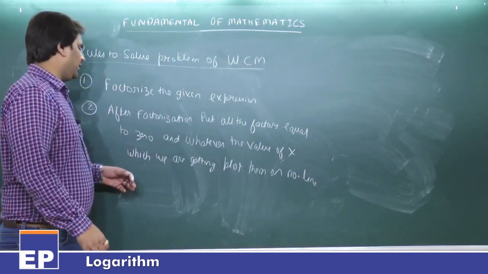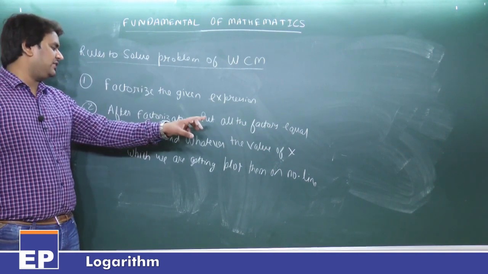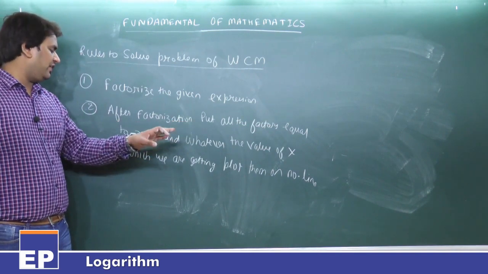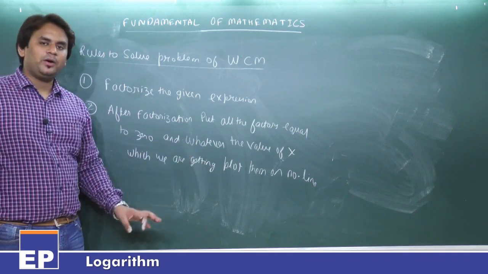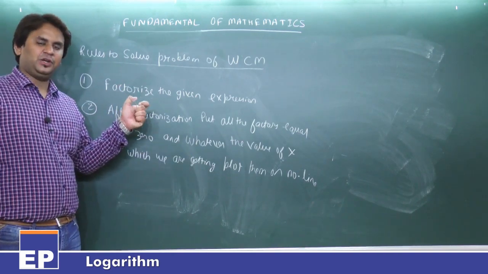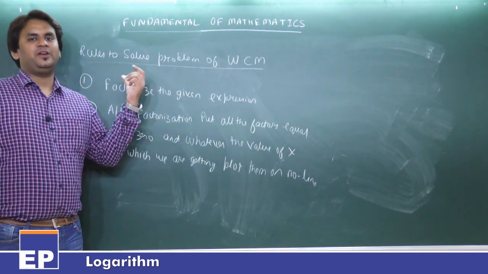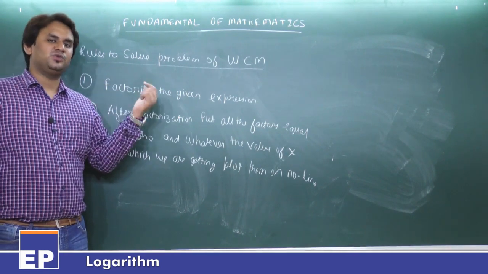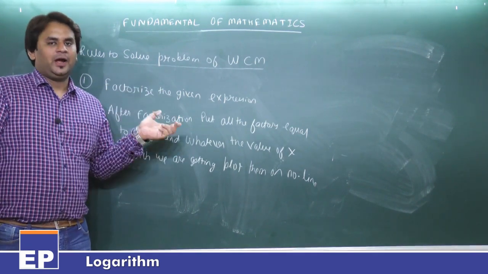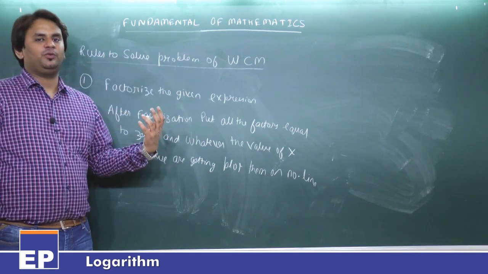Okay, second point is what? After factorization, put all the factors equal to 0 and whatever the values of x we are getting, plot them on the number line. After factorization you will be getting the factors in x and you have to put all the factors equal to 0. You will get the values of x and all the values of x you will have to plot on the number line.